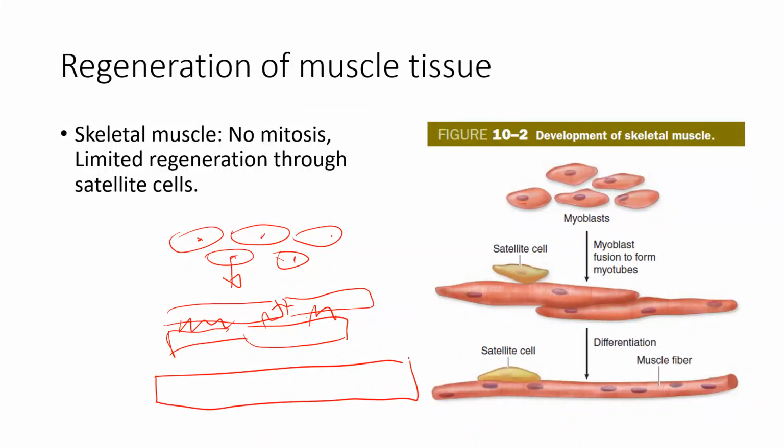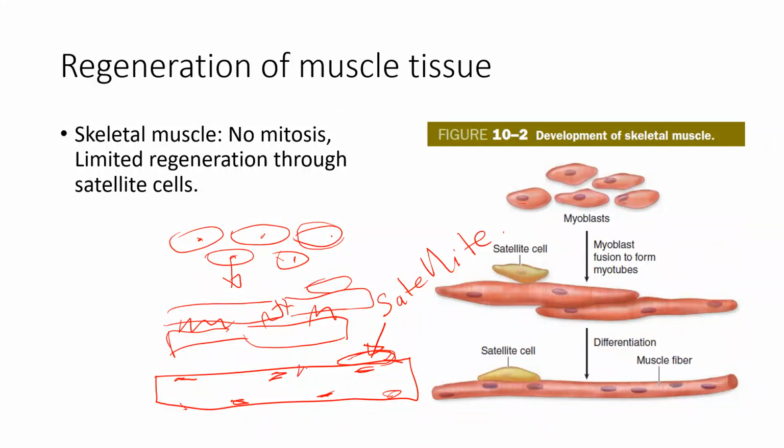Because they fuse together, they have a lot of nuclei, and this is one cell. And some of these myoblasts remain as myoblasts, even in the adult. These remaining myoblasts are called the satellite cells.